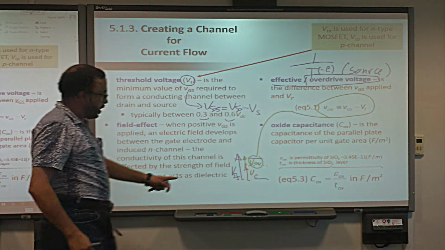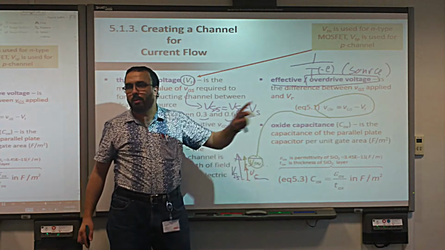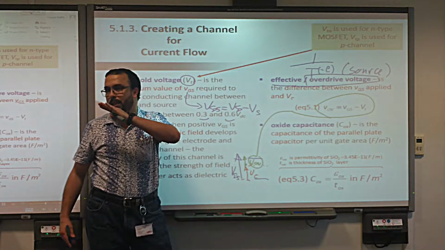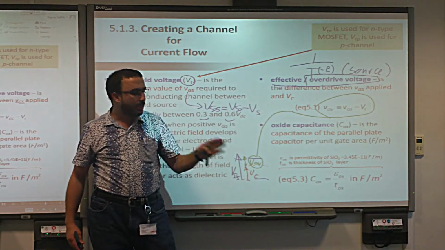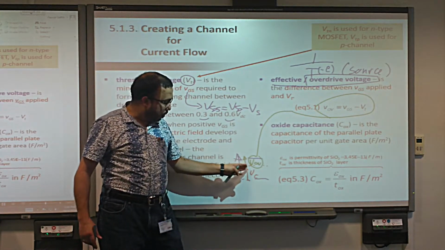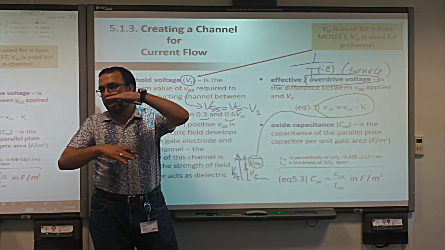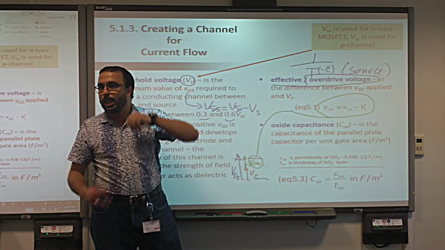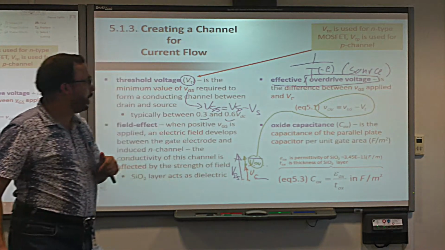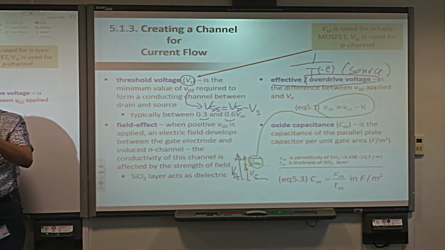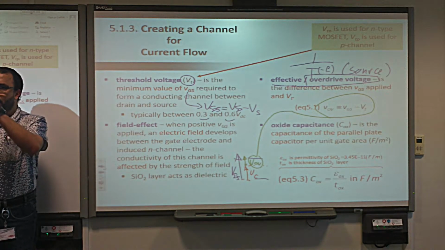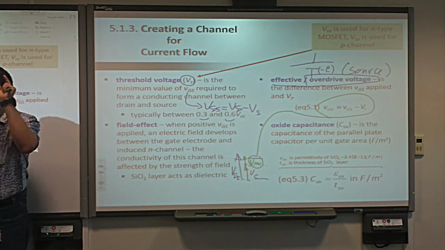It means if VGS is equal to VT, V overdrive is equal to 0, that's at the start of the channel. It's not created yet. Now, as VGS becomes above VT, the channel will exist and will increase. We'll talk about that in a second. So the overdrive is the voltage by which VG is above VT.